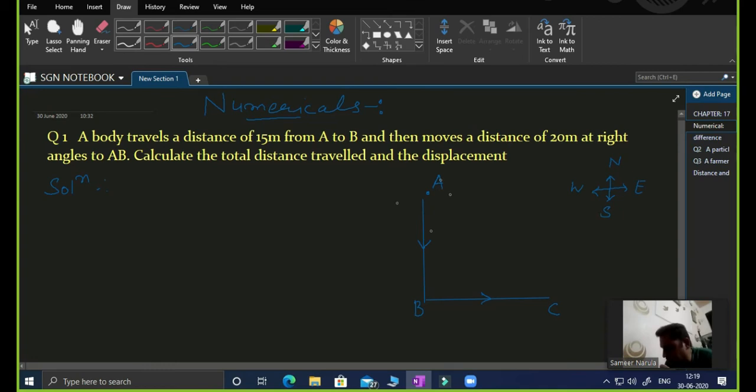Now the very first condition: the object moves from A to B towards south, and thereafter it moves towards east. So this is your 15 meter and this is your 20 meter. Now first of all we calculate what the distance is all about. First of all, the distance.